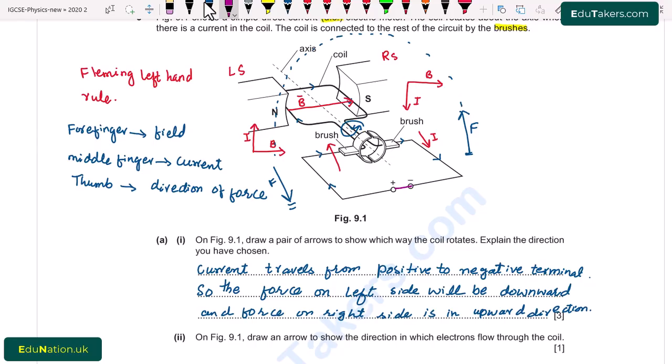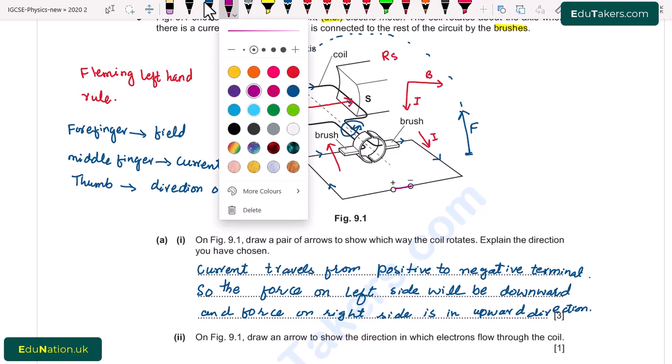But in the case of flow of electrons, we know that electrons are negatively charged and they must be repelled from the negative terminal. So the electrons flow in the direction opposite to the current. So I draw the arrows here. I'm changing the color.